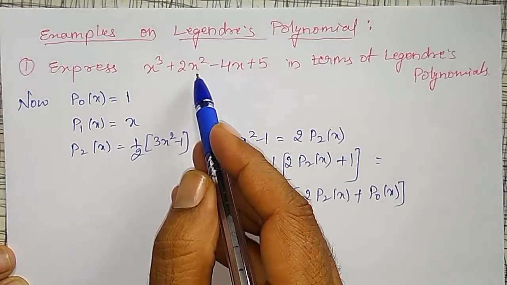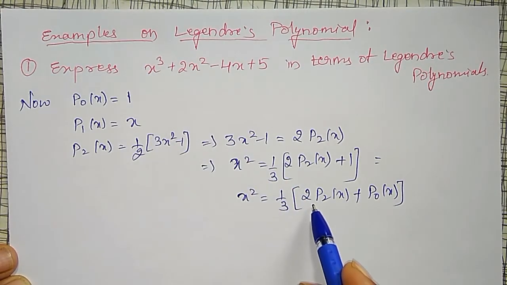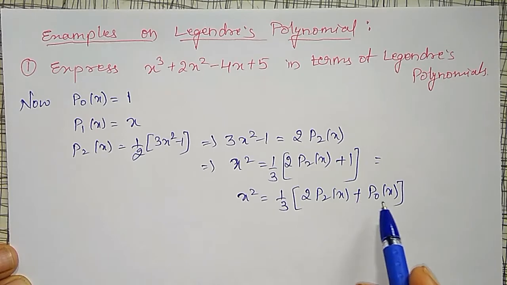Whenever x square is there in the expression, I can replace it by 1 by 3 times (2 into P2 of x plus P0 of x).